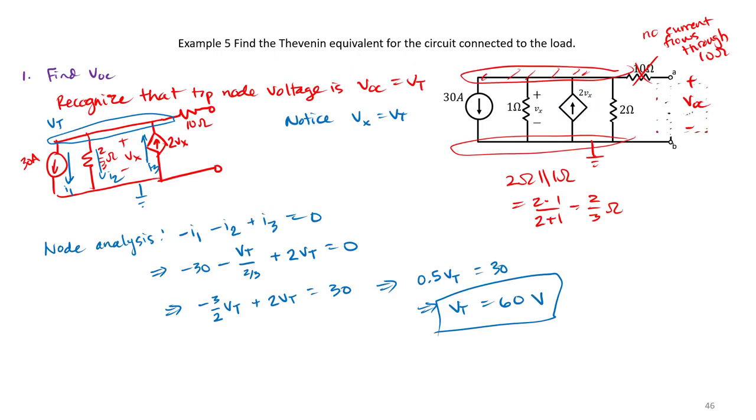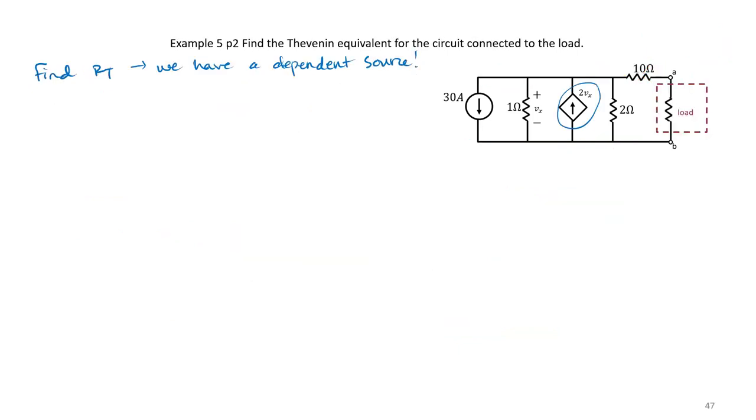We already combined the two resistors in our previous part, so I'm going to keep that combined 2/3 ohm resistor. And remember, I do need to turn off the independent sources. That means my current source should be replaced with an open.